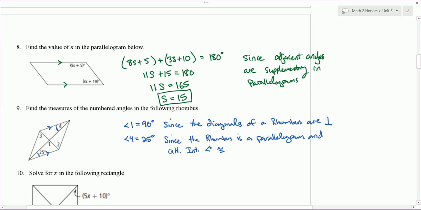So we have angle 1 and 4 taken care of. We also know that angle 2 and angle 3 are congruent for the same reasons. That the measure of angle 2 is equal to the measure of angle 3.